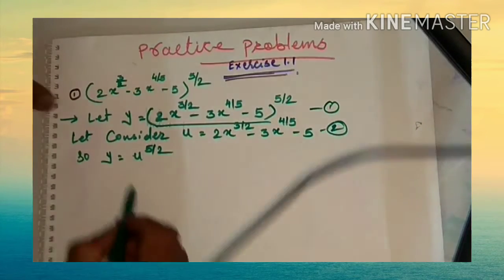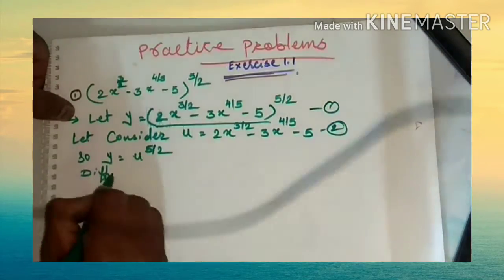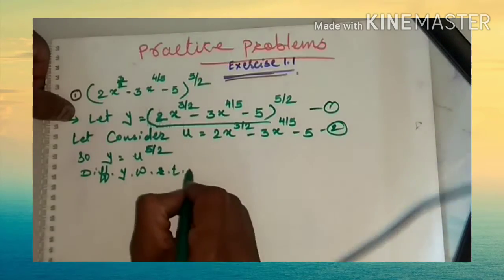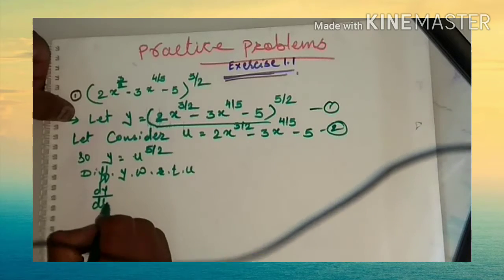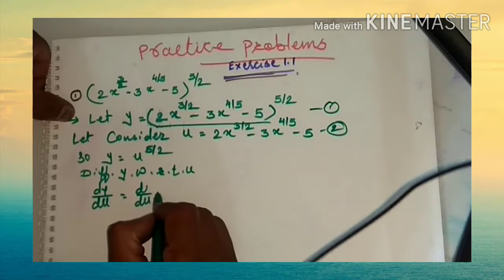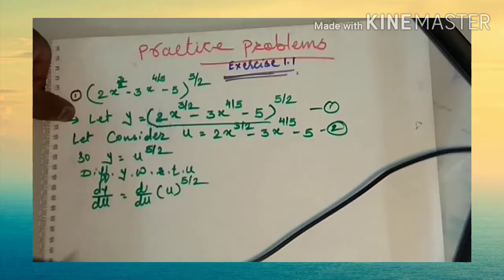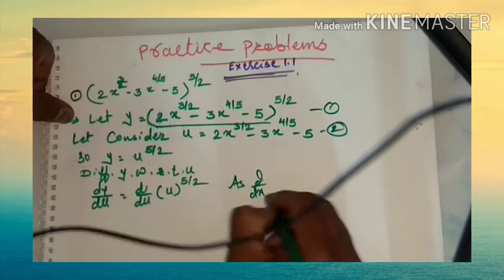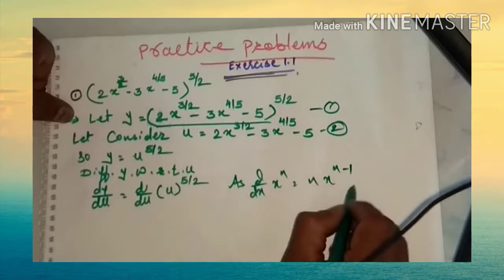Now y has been given in u, so differentiate y with respect to u, that is dy by du. The derivative of both these sides we will take with respect to u. As we know, the derivative of x raised to n is n x raised to n minus 1.